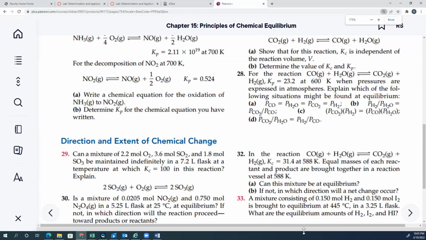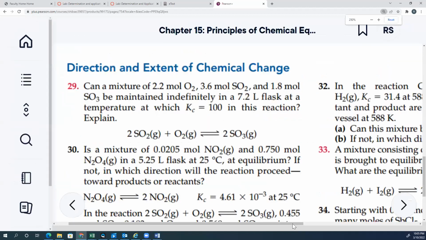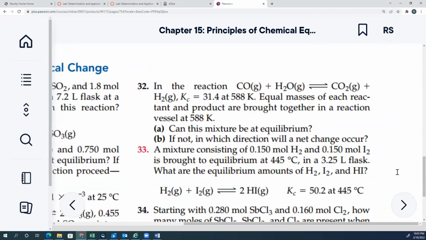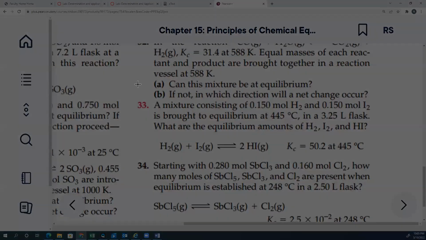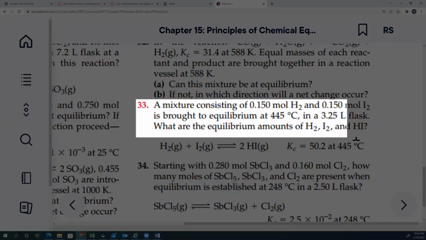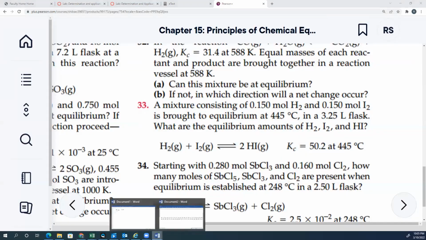All right, we'll take a look at specific problems first, and then we'll go back and look at all the problems. So number 33 here is one of them. Let's take a look at this problem.